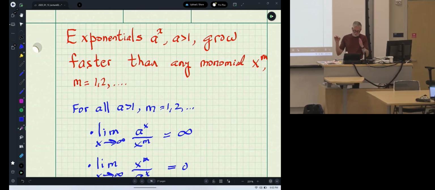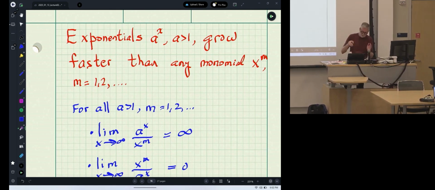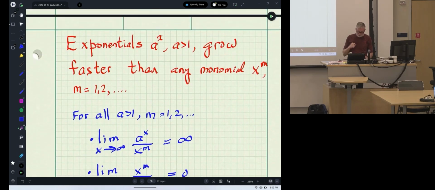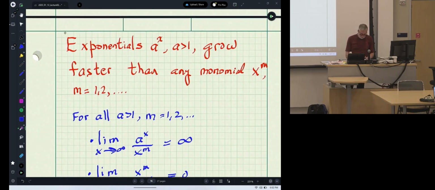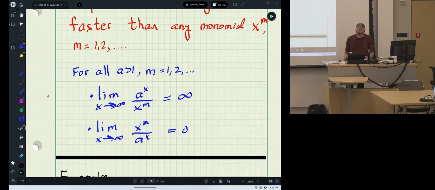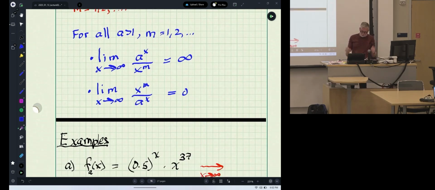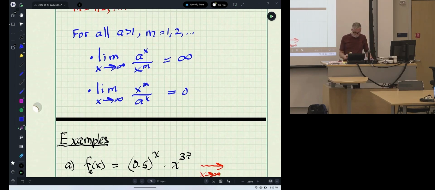When a is greater than 0 and less than 1, then as x gets large, it decreases faster than any monomial as well. So the proof of this is given in chapter 1 if you're curious. It's not very hard, but you should only go through it if you're curious.